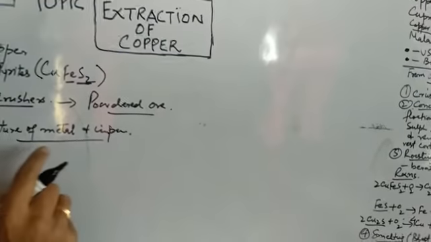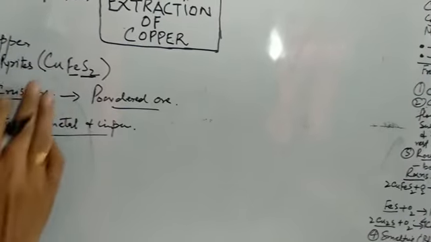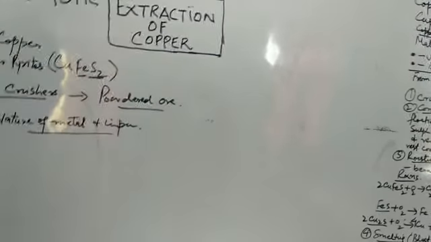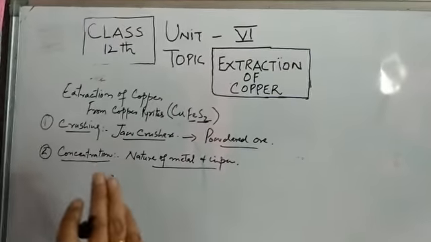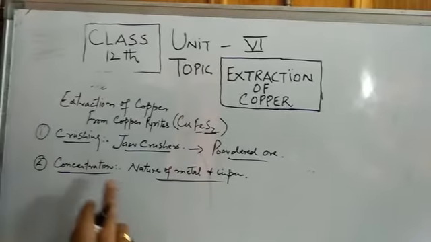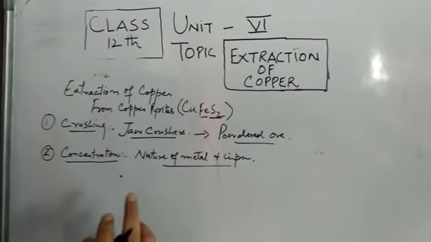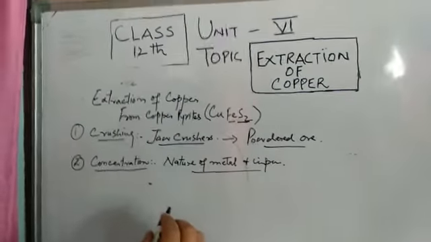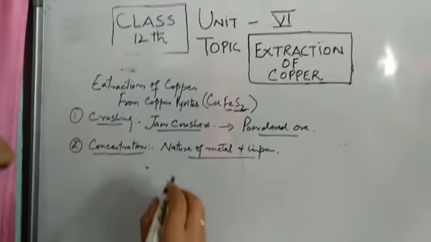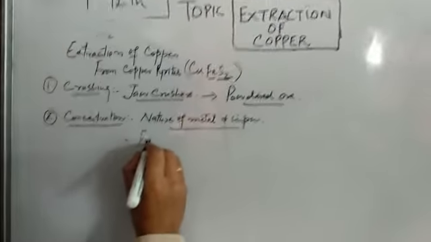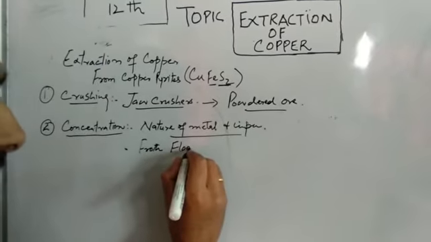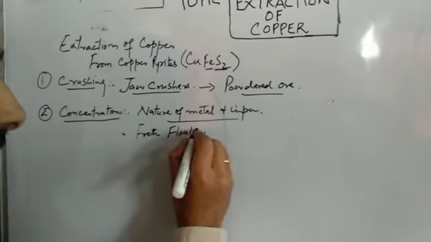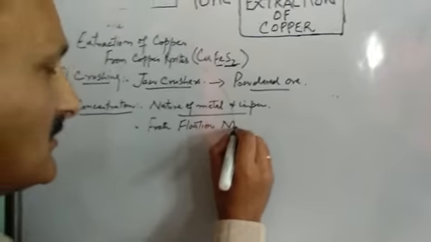Whenever you are taking a sulfide ore, for example the sulfide ore of copper here, always remember that the method of concentration that we use is the froth flotation process.